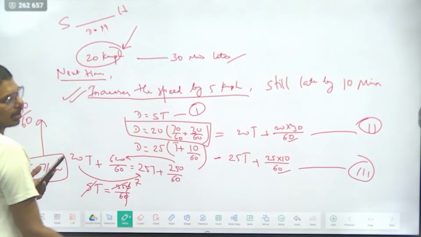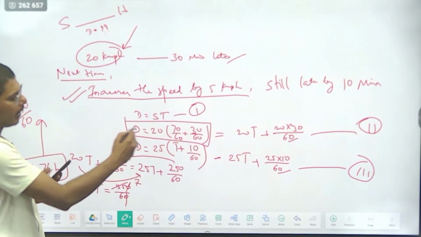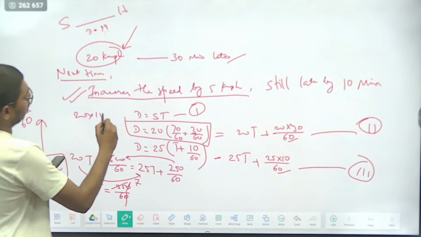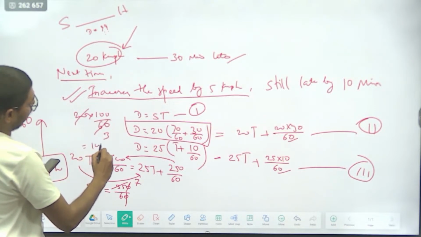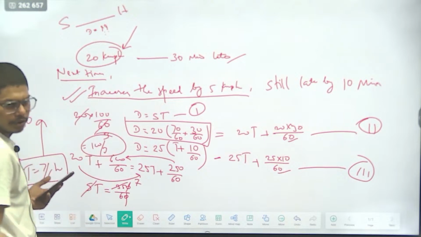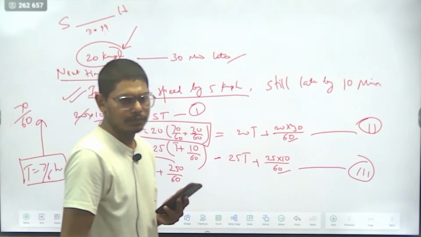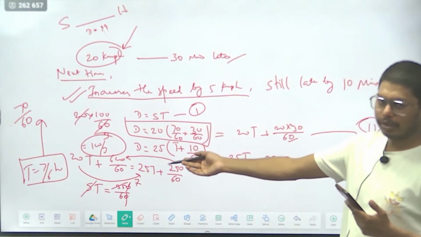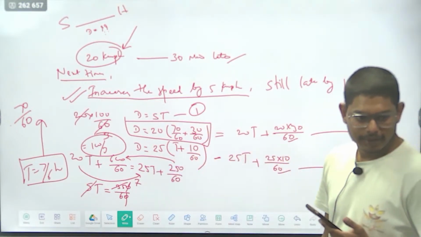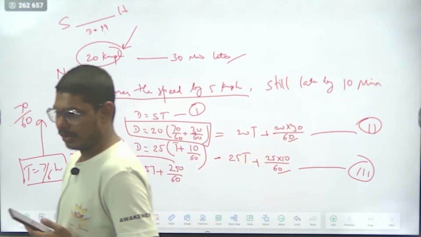This is 100 by 60. This is 100 by 60. 20 into 100 by 60. 100 by 3. 100 by 3 what? It's kilometers, right?